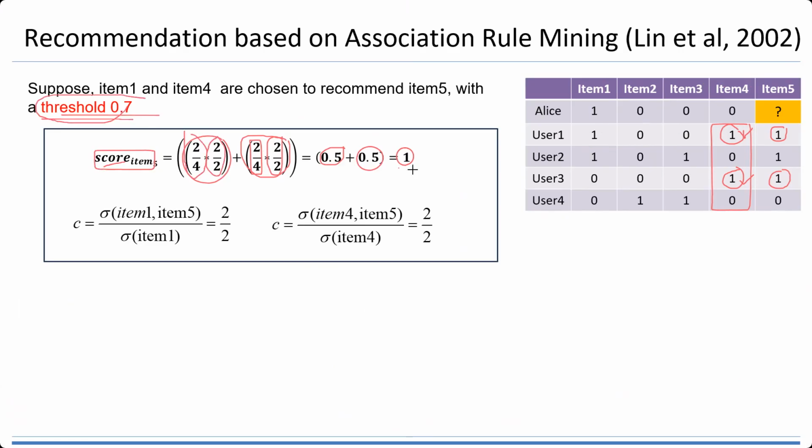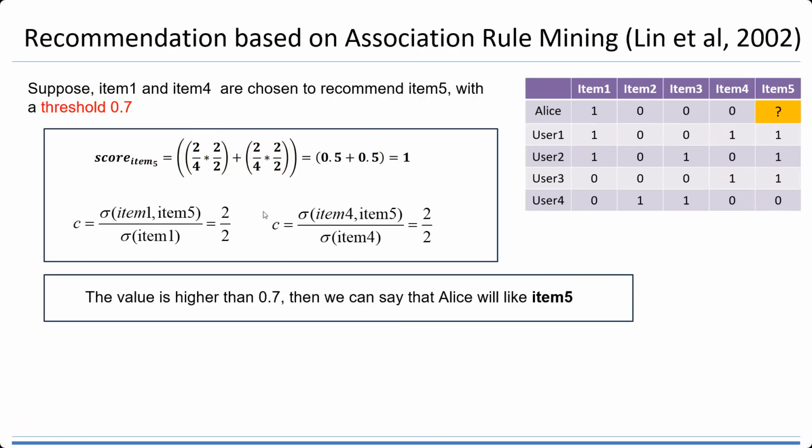If the score is higher than 0.7, then we say that we can use item 1 and item 4 to recommend item 5. Because the value is higher than 0.7, we can say that Alice will like item 5. So that's how we can say about the result.